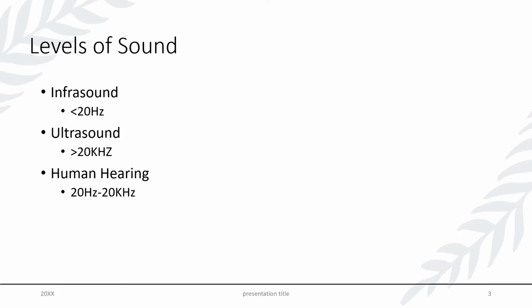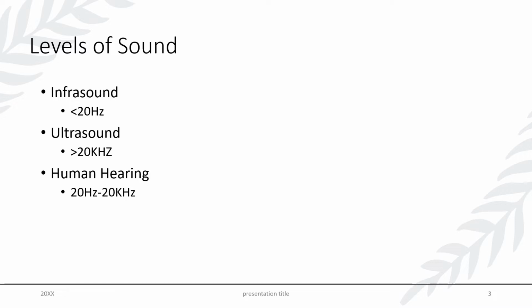Levels of sound. These are basic terminology notes here, but if we refer to infrasound, that would be inferior to the frequency in which humans can hear. So less than 20 hertz, or less than 20 cycles per second, would be categorized as infrasound. Ultrasound, on the other hand, is going to be greater than 20 kilohertz, or 20,000 hertz.